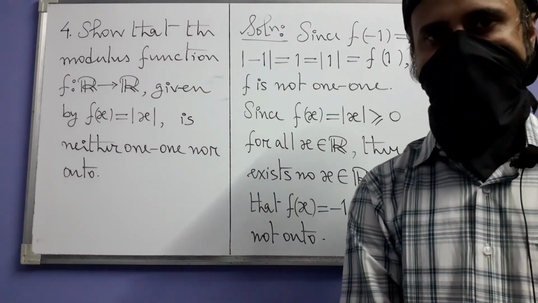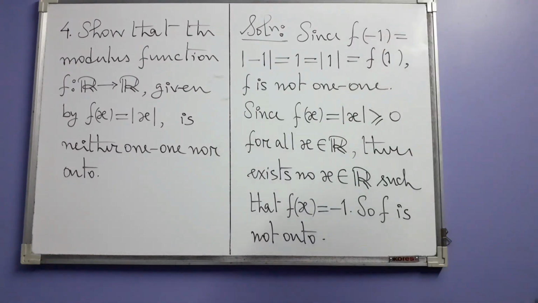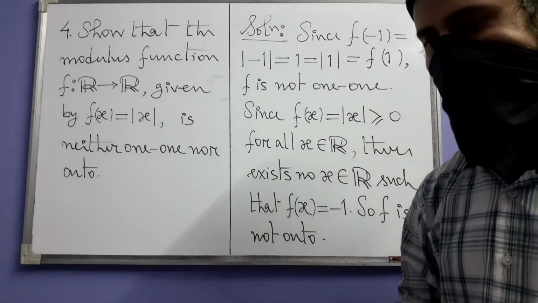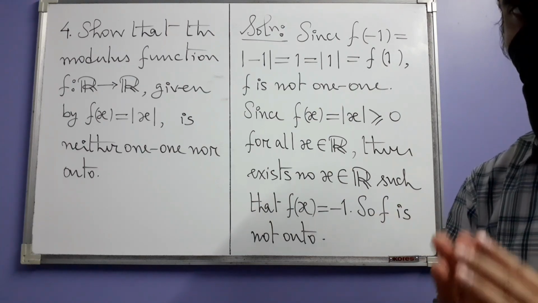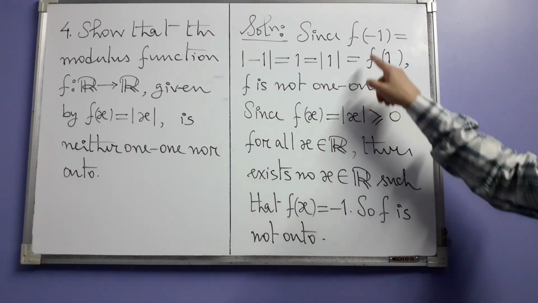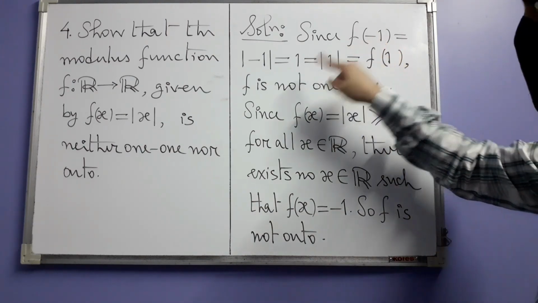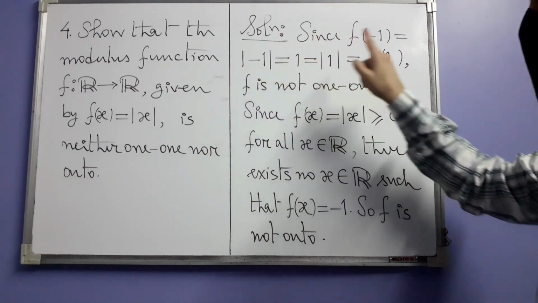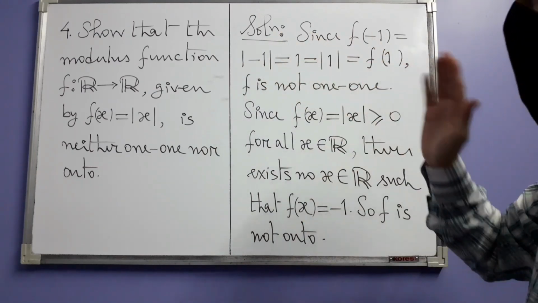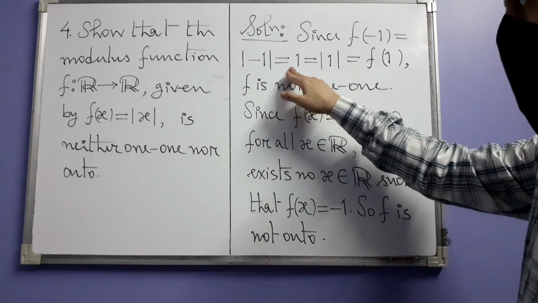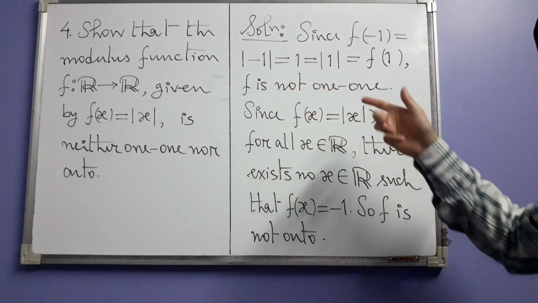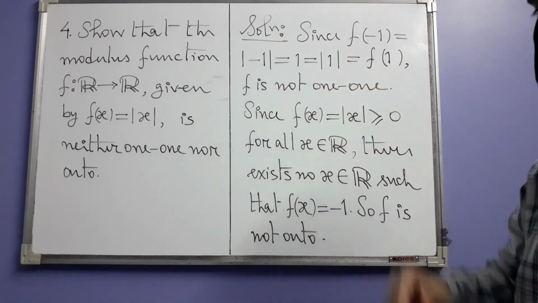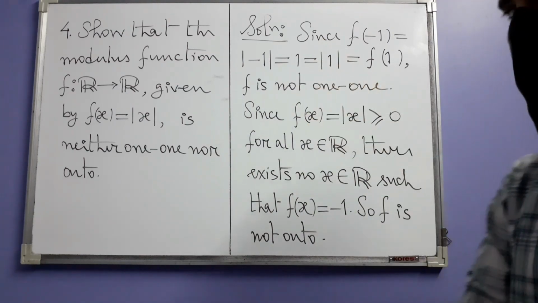So lack of one-to-oneness can be seen like this. Because we are dealing with the modulus function, which we know always gives us non-negative real number outputs. So we can use that fact and evaluate the function at the 2 points -1 and 1, and in both the cases we are going to get 1 from the definition of the function. So that's why the function is not 1 1, because different inputs are giving us the same output.